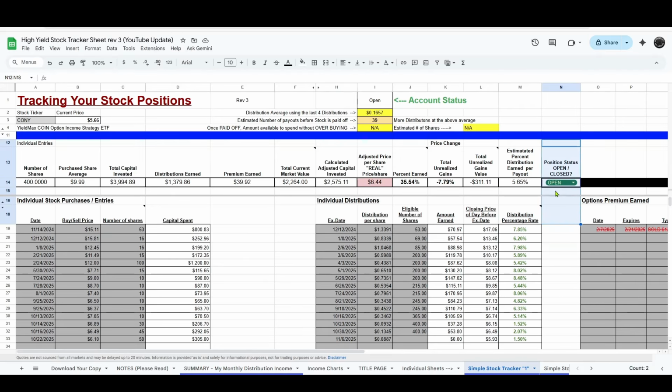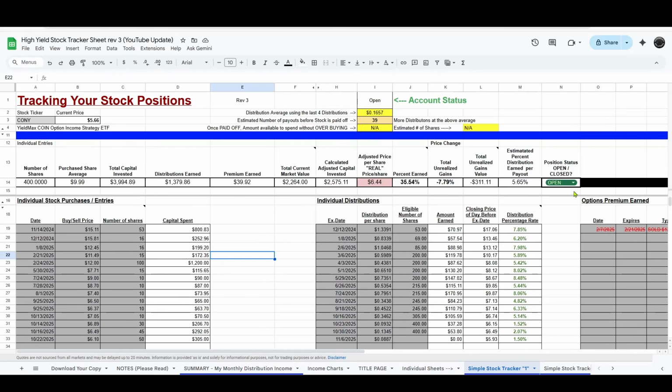I've also added a button here where you can flip this from open to closed. Okay, so if you are selling out of your position, you can then flip this to closed, and it will then calculate your end total gain or loss of this position. And this will also take into account any capital gain that you did earn versus only showing the distributions that you've earned.